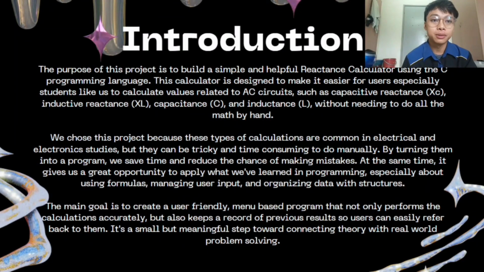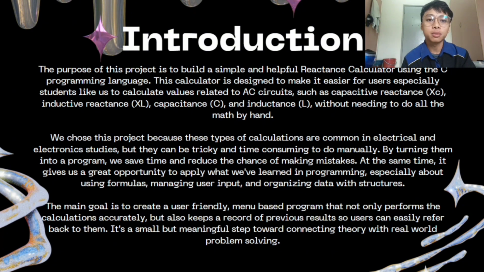Hello, my name is Nabil. The purpose of this project is to build a simple and helpful reactance calculator using the C programming language. This calculator is designed to make it easier for users, especially students like us, to calculate values related to AC circuits, such as capacitive reactance, XC, inductive reactance, XL, capacitance C, and inductance L, without needing to do all the math by hand.